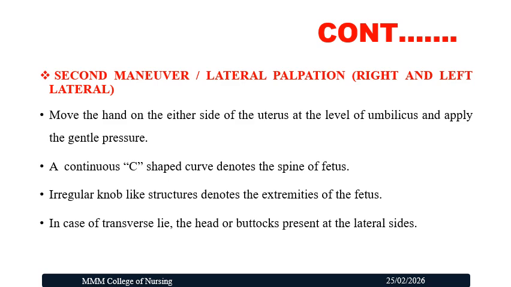Then push the fetus towards you. Now you will be doing a right lateral palpation. In the right lateral, if you get irregular nodules, it is suggestive of fetal extremities. Always correlate the right lateral with the left lateral palpation. In case of transverse lie, the head or buttocks will be present on the lateral side.